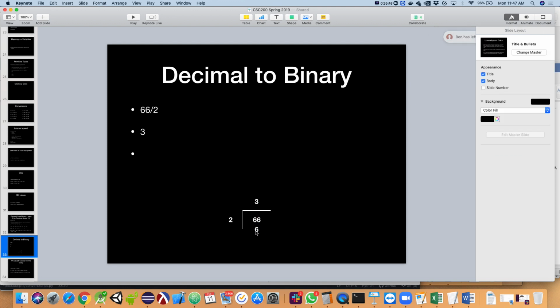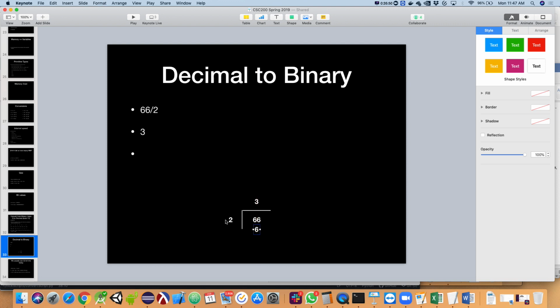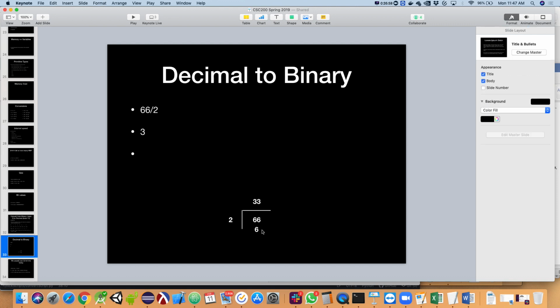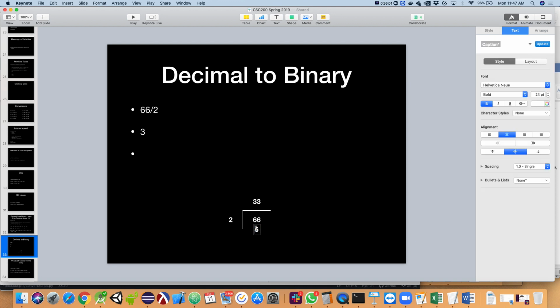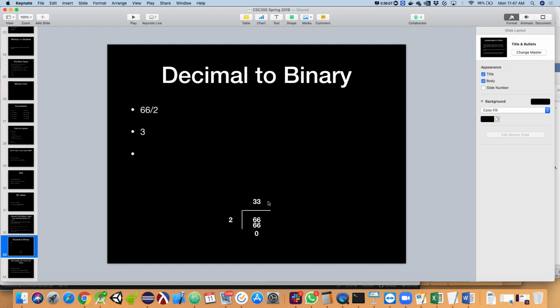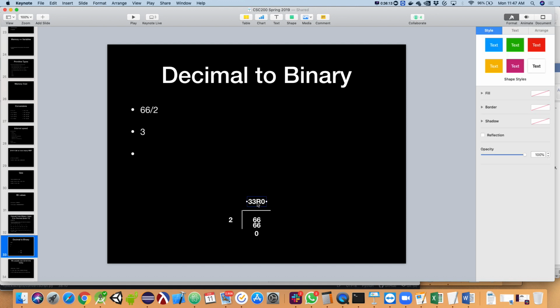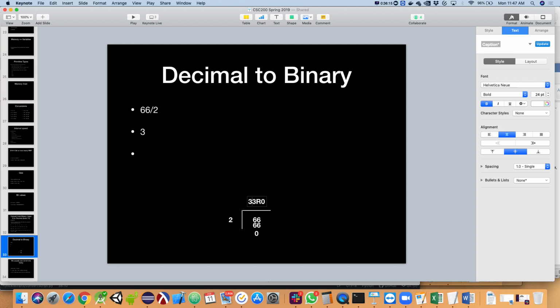Like this. 2 goes into 3 how many times? 3 times? I'm shortcutting this a little bit. 66, subtract, we get a 0. So this is remainder 0. Remember that guy? So what we do here is we record the remainder out here to the right. So this is going to be a remainder of 0.